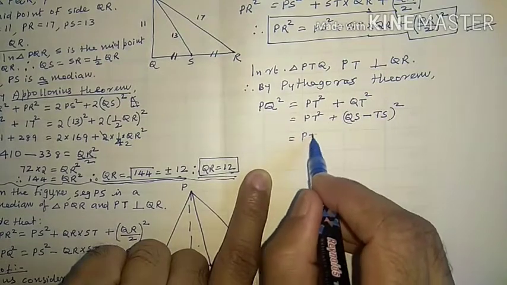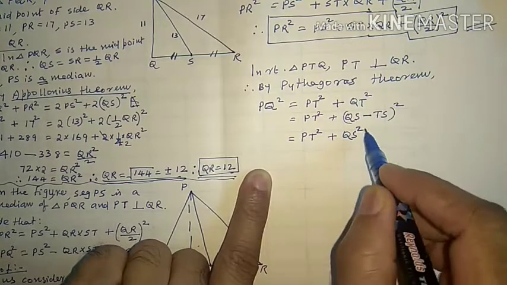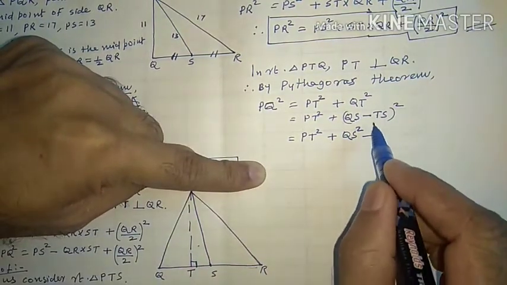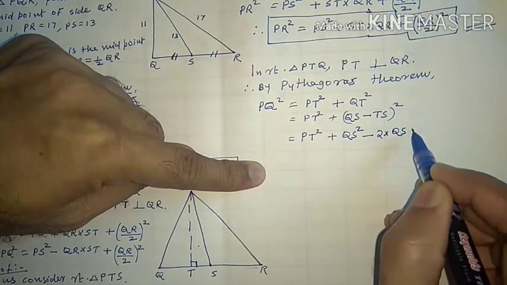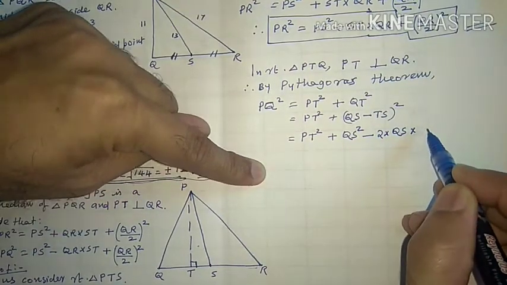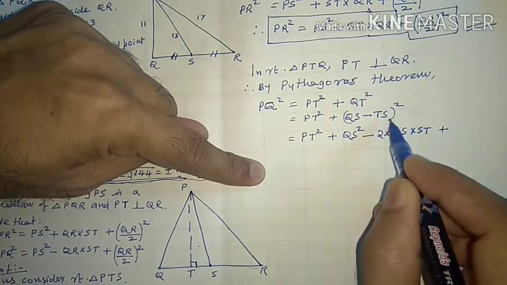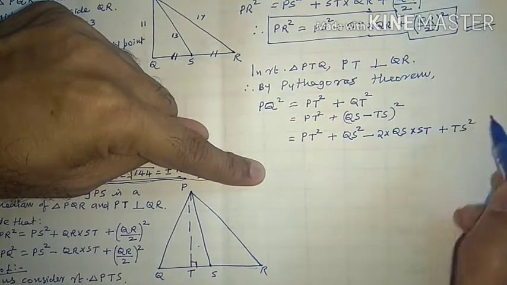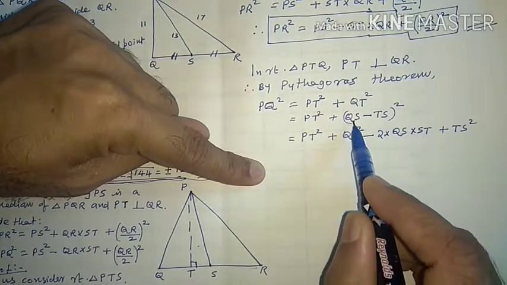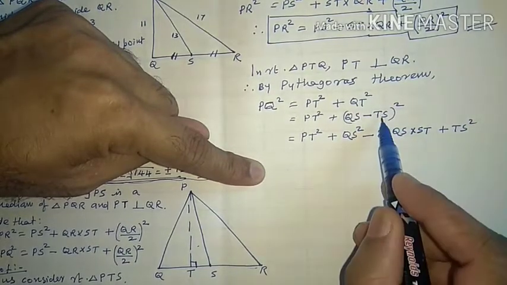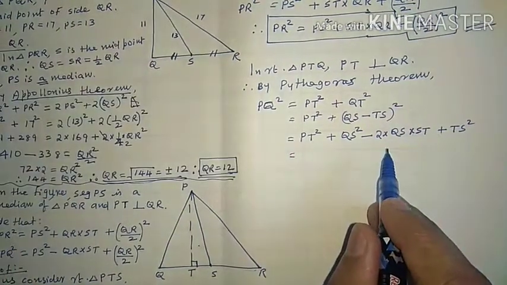PT square as it is, this QS square minus 2 into QS into TS or ST plus TS square. A minus B whole square is A square minus 2AB plus B square. We group the first and last because we have that here.